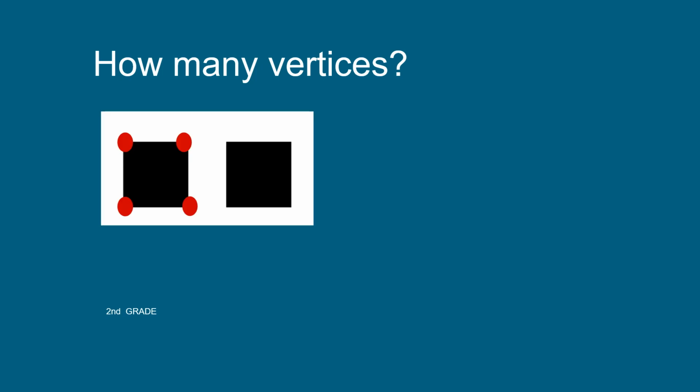How many vertices do you see? There are 8 vertices. There are 4 vertices on each square. 4 and 4 equals 8.